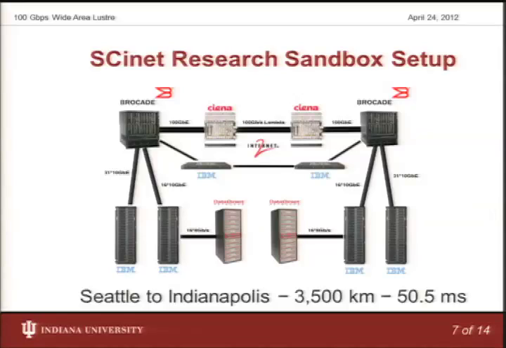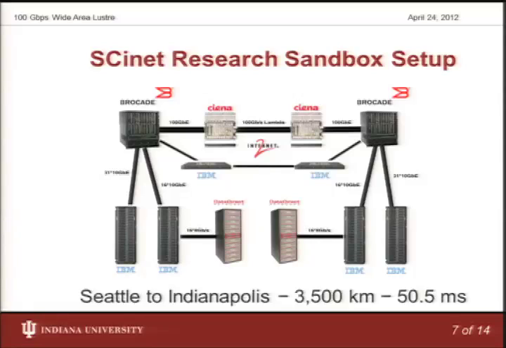So our setup looked like this. We had a small cluster at either end. Basically, the setup is mirrored both in Indianapolis and in Seattle. There's an SFA 10K connected to the 16 OSS and 30 clients on either side. This went up through the 100 gigabit path.